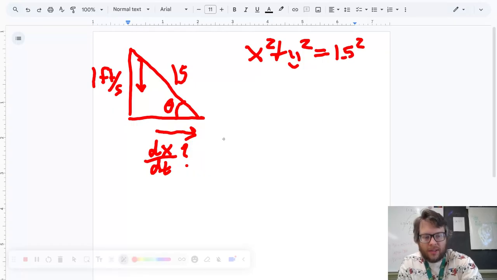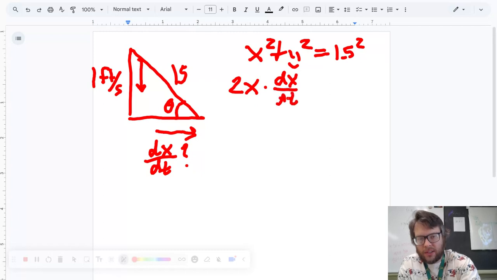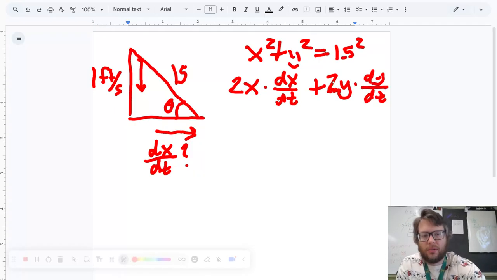If I think of x and y as functions of time, then the derivative is 2x, because that's the outside function, times the derivative dx/dt, because that's the inside function, plus 2y dy/dt. And the derivative of 15 squared is nothing.